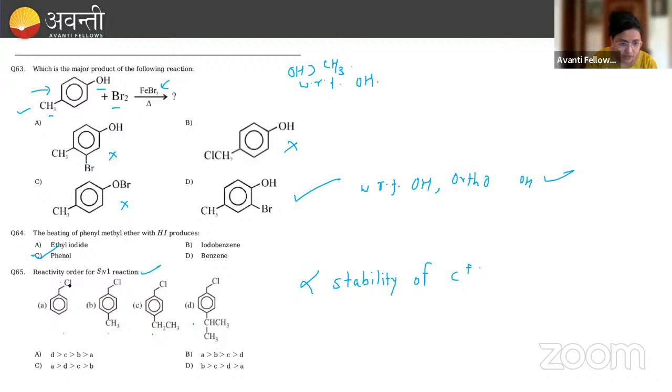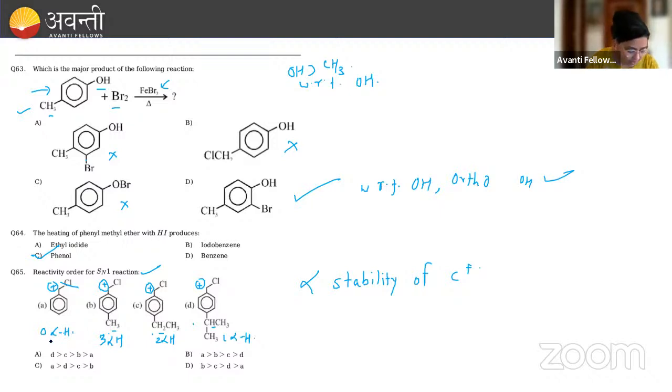Yes, if this goes, here will be the positive charge. This goes, here will be the positive charge, here will be the positive charge, and here will be the positive charge. When you see this molecule, what can you see here? Here it is having 1 alpha hydrogen, 2 alpha hydrogen, 3 alpha hydrogen. 3 alpha hydrogen, 2 alpha hydrogen, 1 alpha hydrogen, and this is 0 alpha hydrogen.